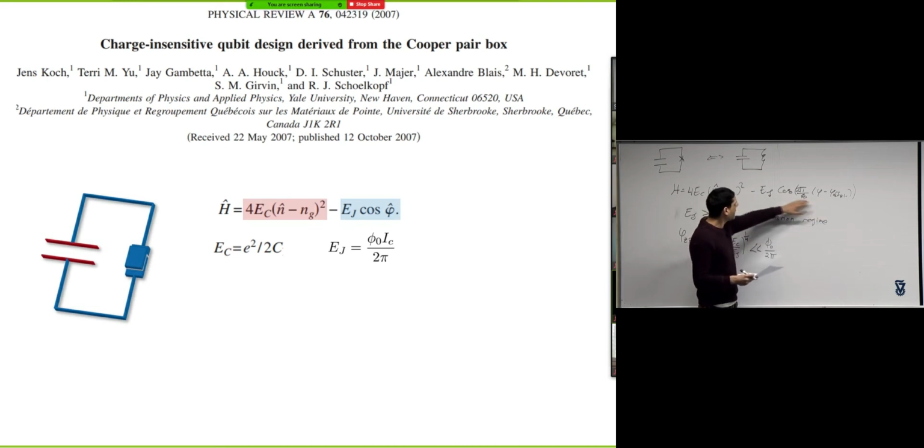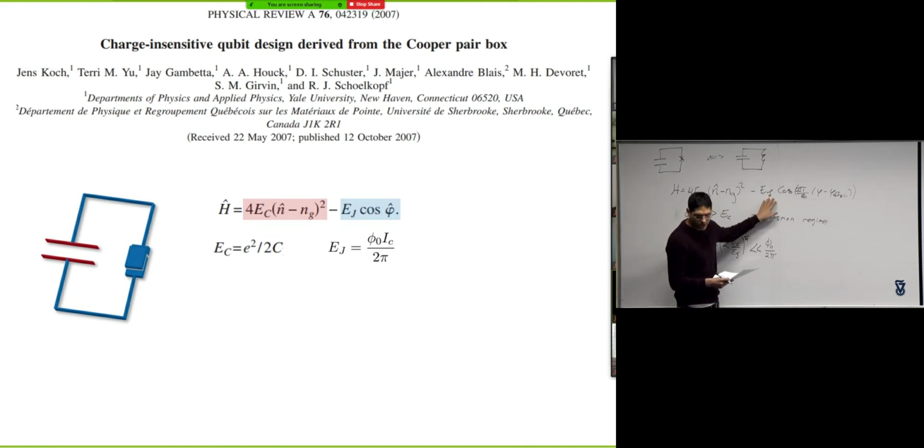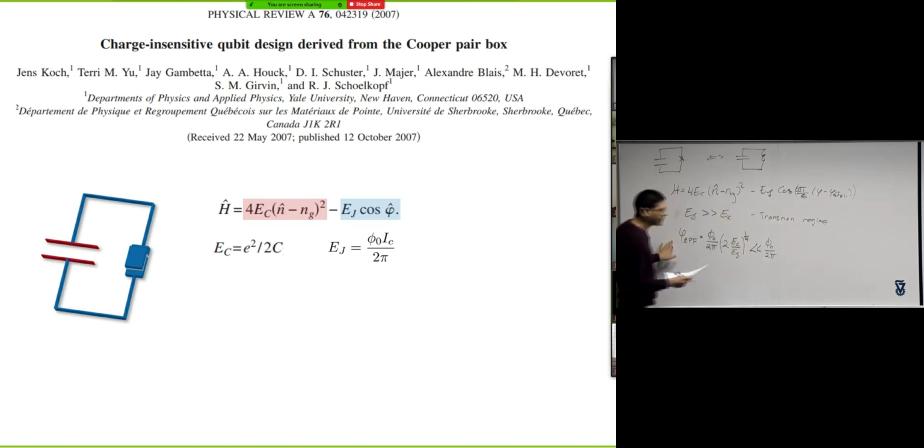And this justifies and allows me to develop this Hamiltonian in series now. If EJ is not larger than EC, then you can't do this because the zero-point fluctuations will just be large, and then this will not be justified. So this is the critical point.